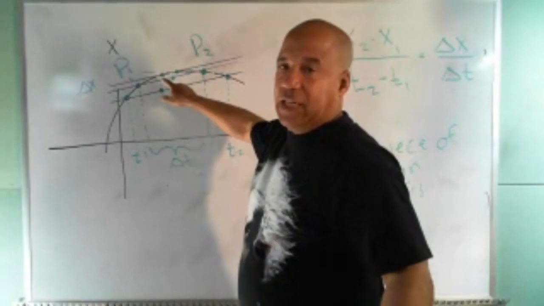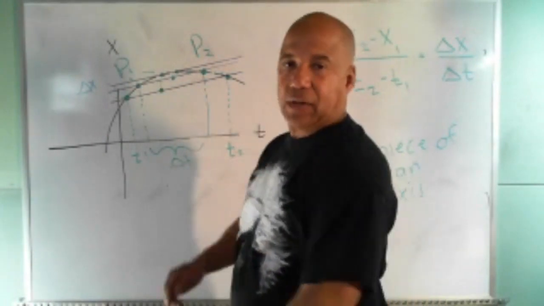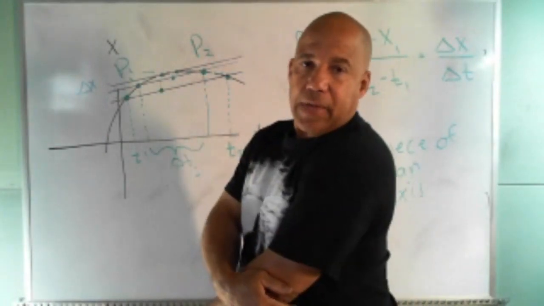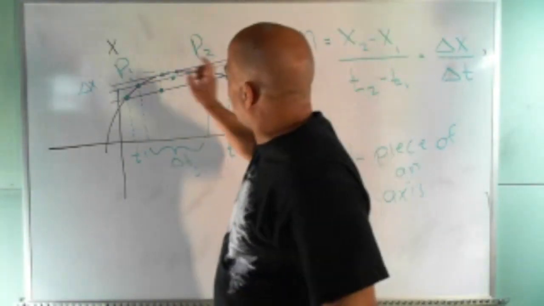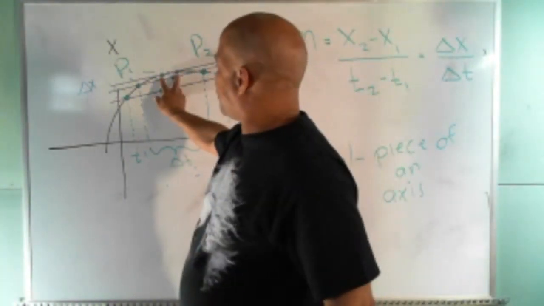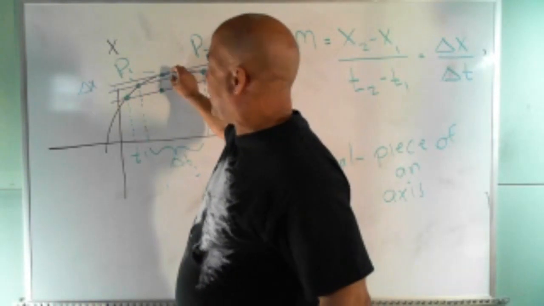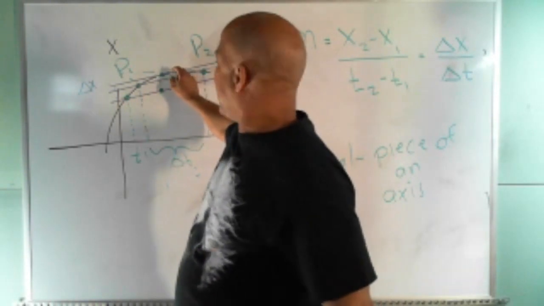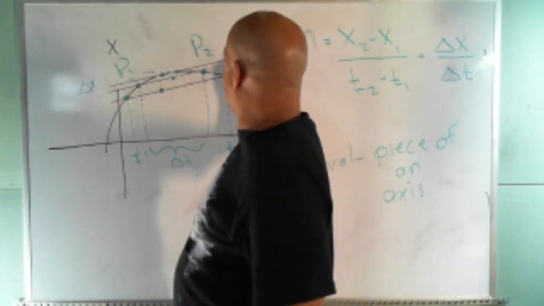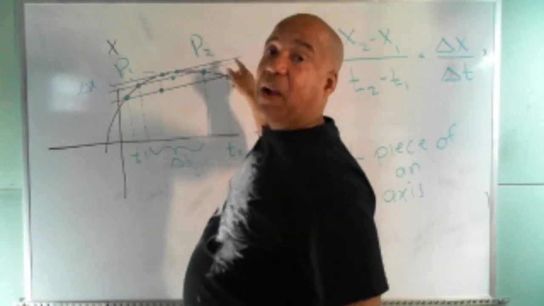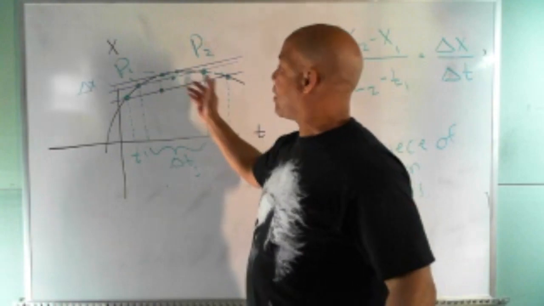Wow, they look really close now, like they're almost right on top of each other. But they're not. If you take a magnifying glass or a microscope and look really close, since the dots are still separated, there's actually a little bitty, microscopic space between my purple line and my black curve. But if I take the slope of that third secant line, I'm really close to the slope of that curve.